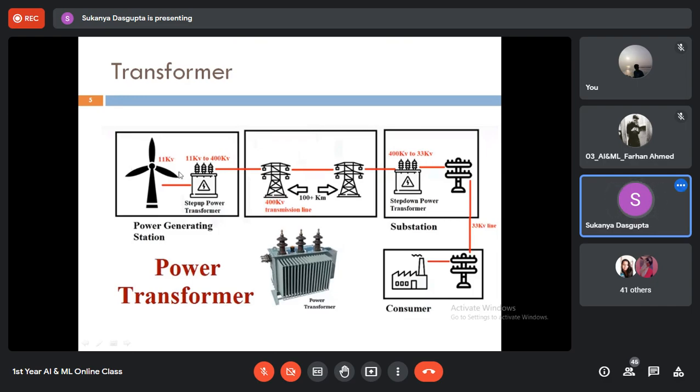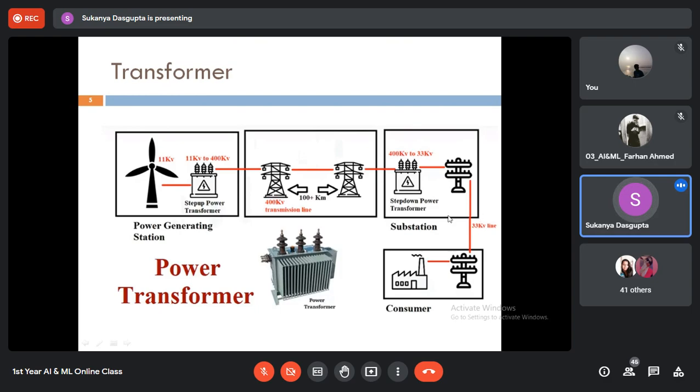So mainly 11 kilovolt is the typical voltage level at the generating station, which is getting stepped up by using a step up power transformer up to 400 kV, and that power with 400 kV is getting transmitted over the long transmission line more than 100 kilometers, and it is further sent to a substation.